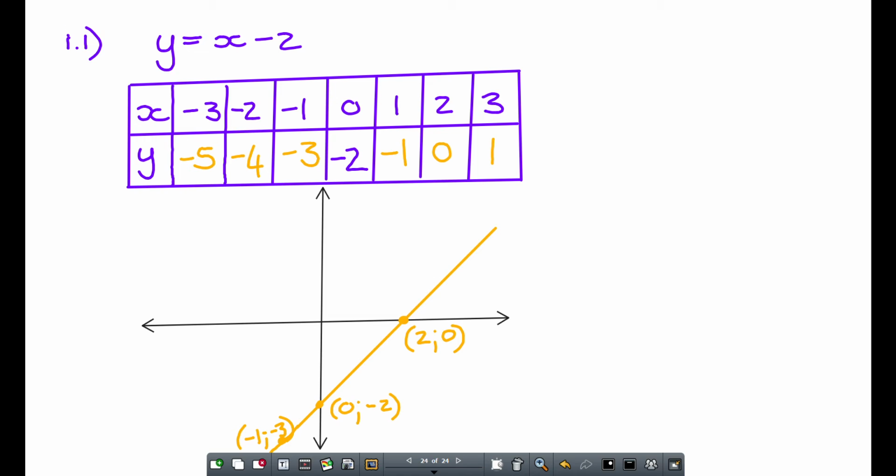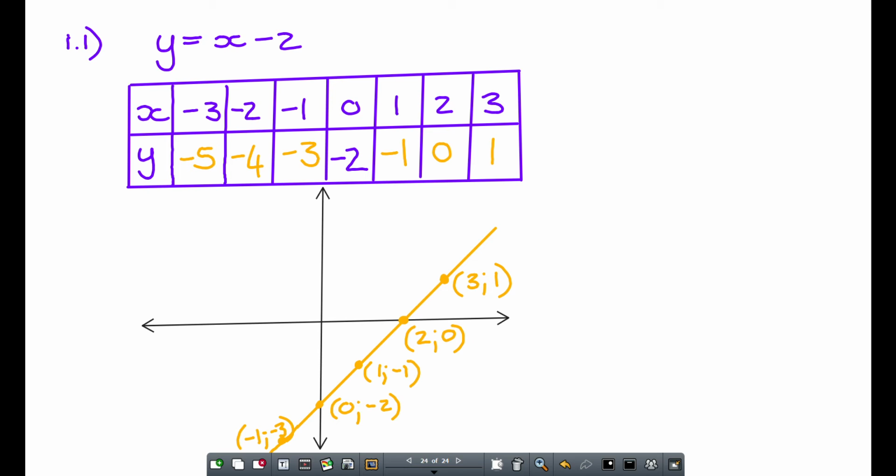And then here you would have had x is 1 and y is minus 1. And I got that from this coordinate. And then over here, you'd have x is 3 and y is 1. And then I just connected all my dots.